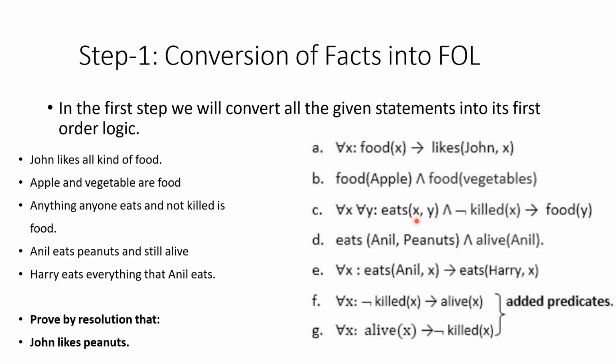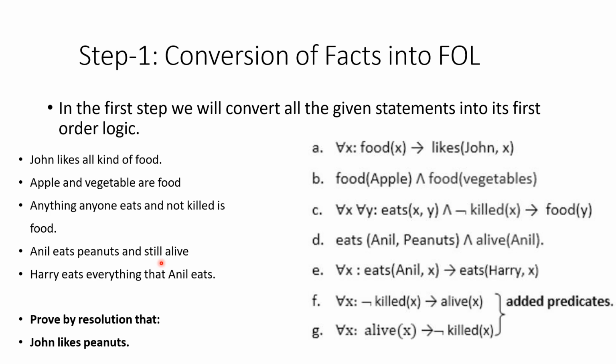If x is a person and y is a food, then x eats y. It is given with and, so we are putting the and symbol. Not killed, so we are putting not killed x, which implies that y is a food.